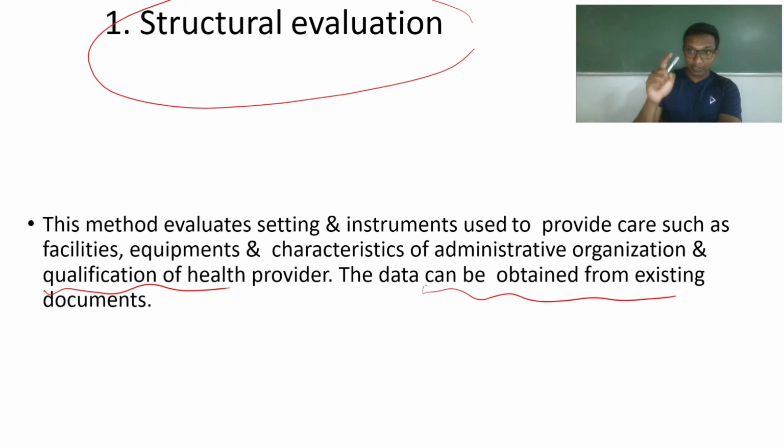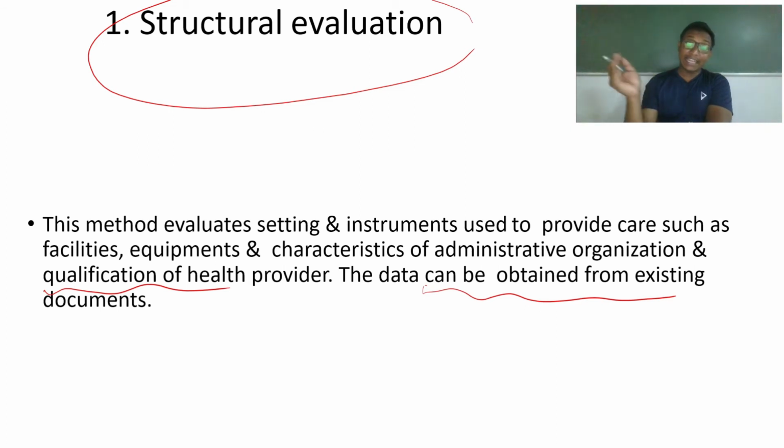So the first point in the Donabedian model is structural evaluation. In this method, we are checking the physical appearance. In this physical appearance, we'll see the hospital structure, whether the structure is according to the standards and norms or not.